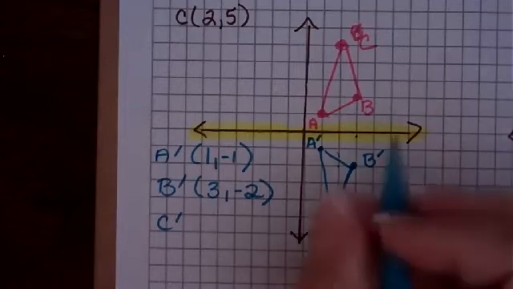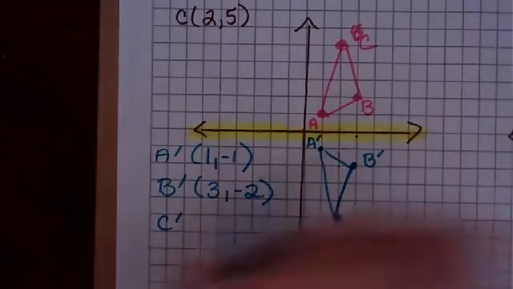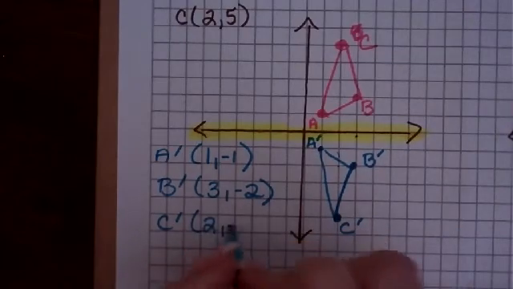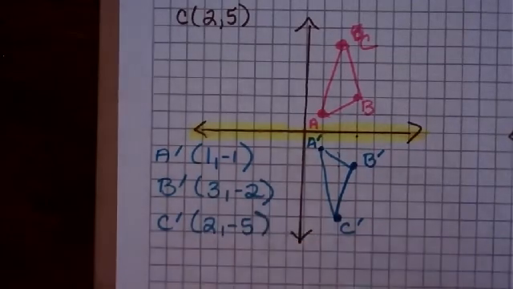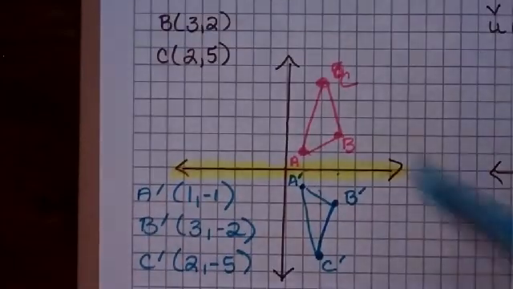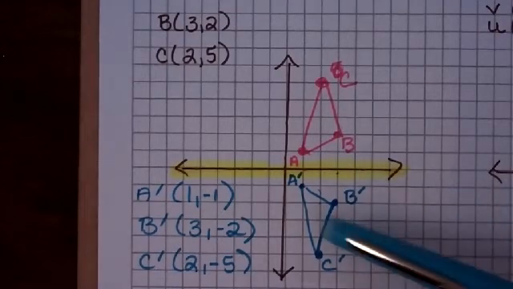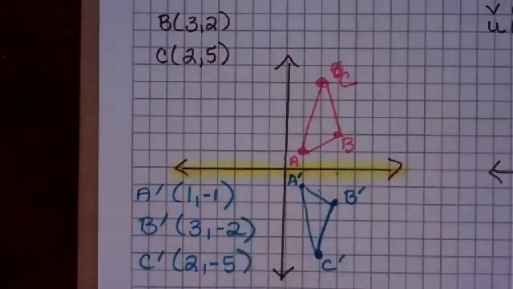C prime is here at 2, negative 5. And I'm done with what I needed to do, because what I needed to do was take that pre-image, graph it, reflect it, and then write down my new ordered pairs. So if you need to pause the video right here, press pause, finish copying it down, and then start it, and we'll go to number 2.